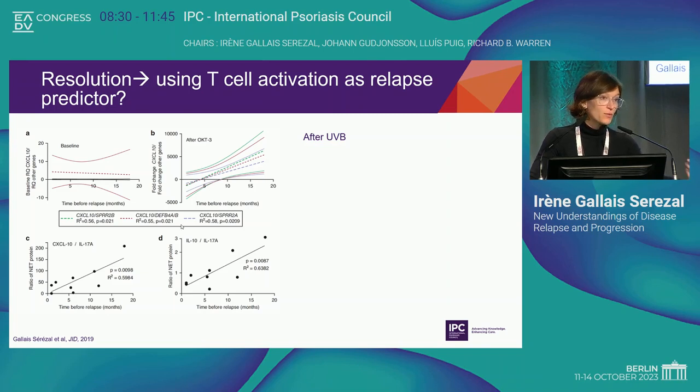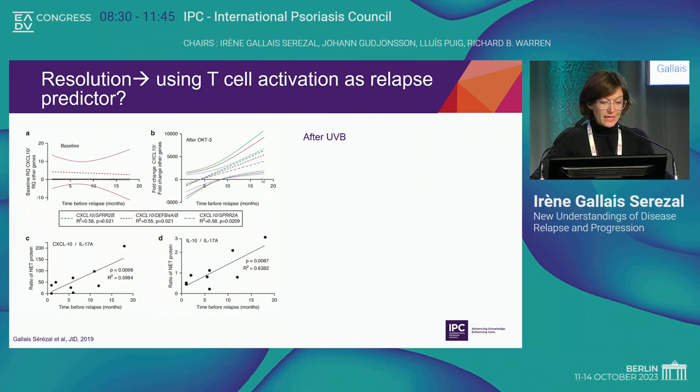But if we took the biopsies from the patients and activated T cells inside the biopsies with OKT3 antibody, we could see a nice correlation using actually very few markers, like CXCL10, and then the IL-17-driven defensin beta-1 and small proline-rich proteins 2B and 2A.